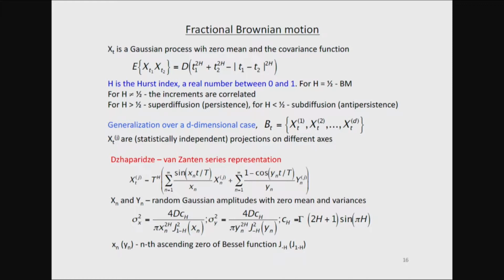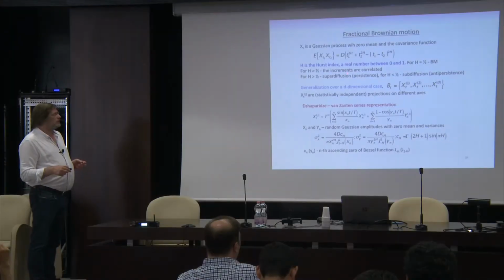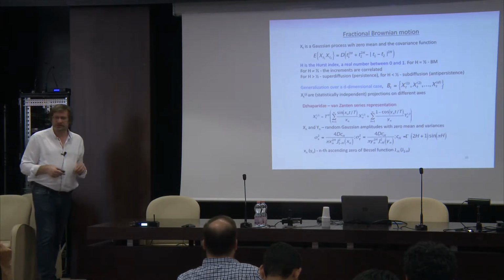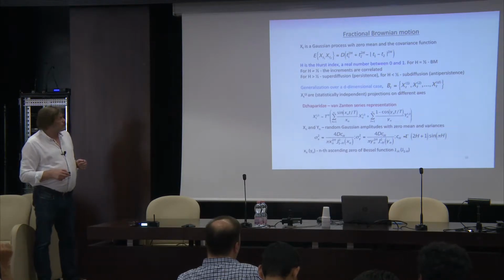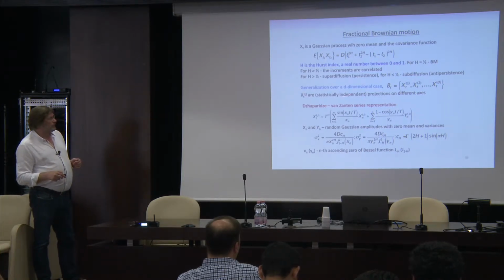For h bigger than 1/2, you have superdiffusion, positively correlated increments, and for h less than 1/2, you have subdiffusion and anti-persistence in consecutive values of the increments. The generalization to d-dimensional cases is a little bit speculative. We again think it can be represented as a number of components, and these components are statistically independent. We don't have a better definition, but it suits us perfectly well.